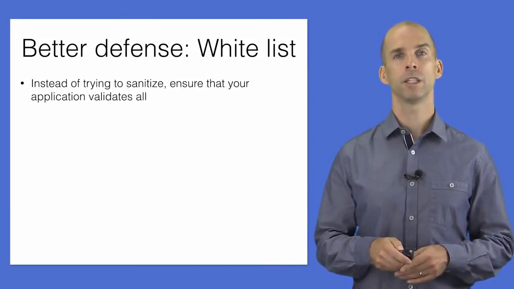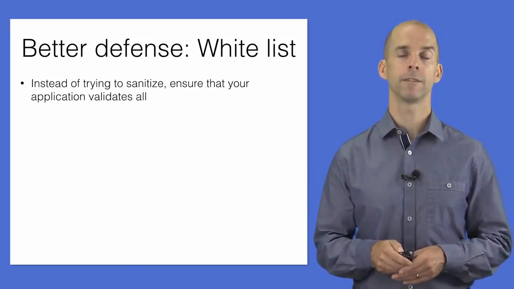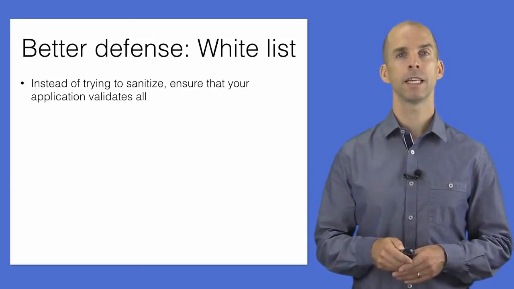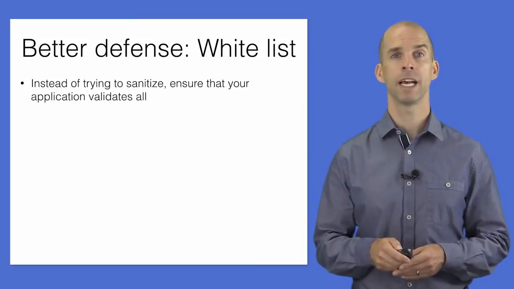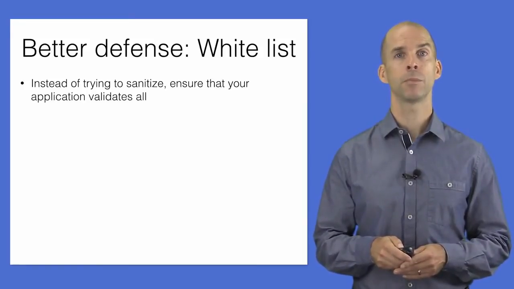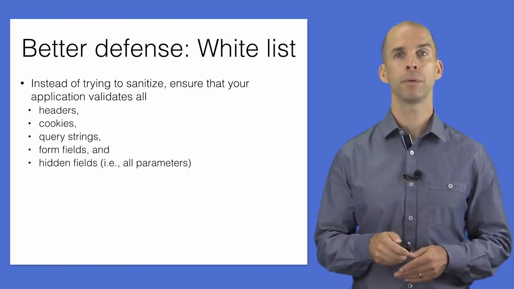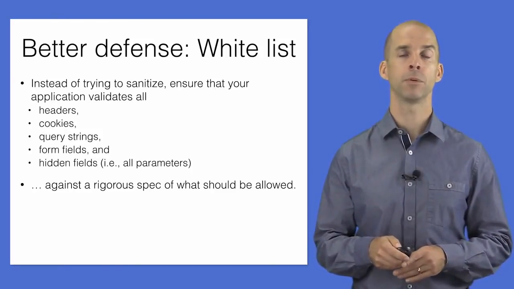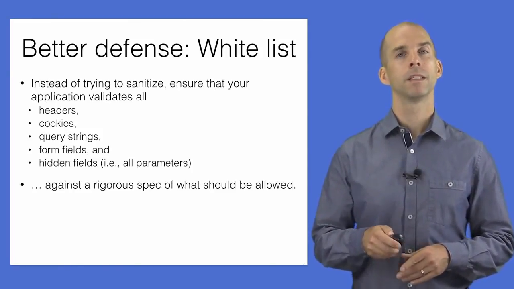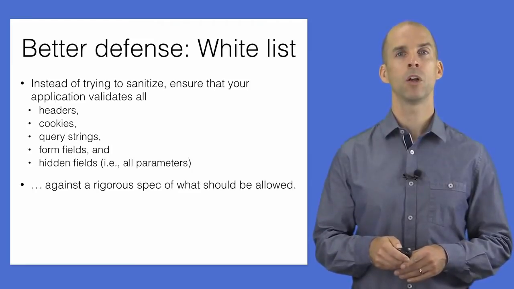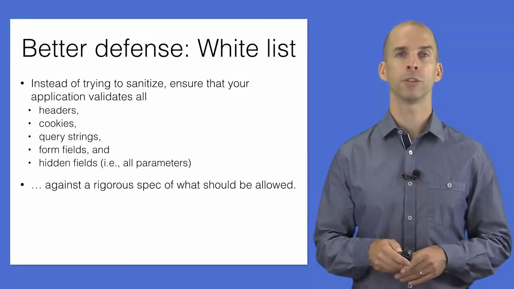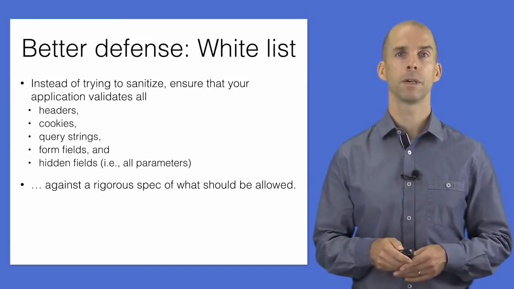A better validation approach is to use a whitelist. In particular, a site can allow a certain small set of tags. It can then check that the input only has those tags in it. Any other tags that appear, well, in that case, the input is rejected. The same sort of whitelist applies to all elements of a page that could be affected by untrusted sources.